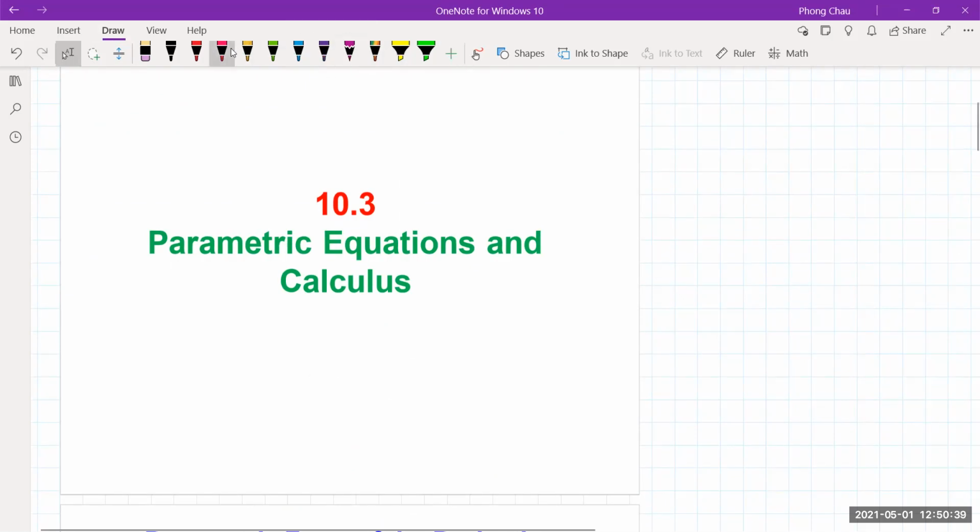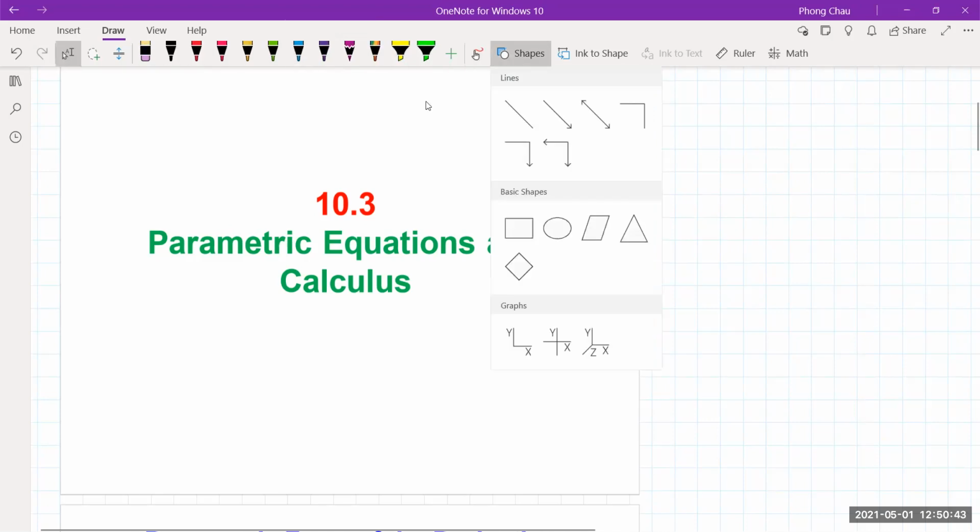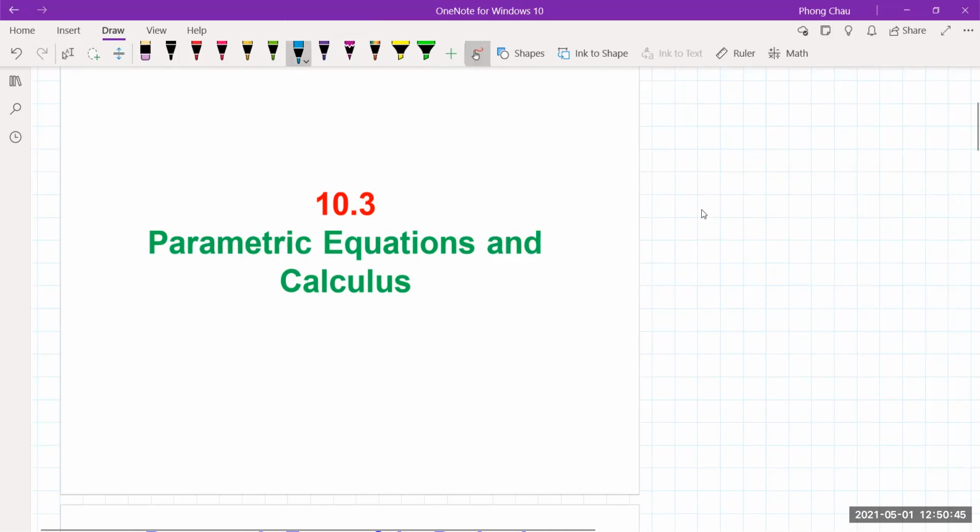Now, because parametric equations involve two equations in terms of a third parameter, t, of course, one way to do it, you have to find the derivative. For example, finding slope, the tangent line, you can use the technique of eliminating the parameter t like we did in 10.2.